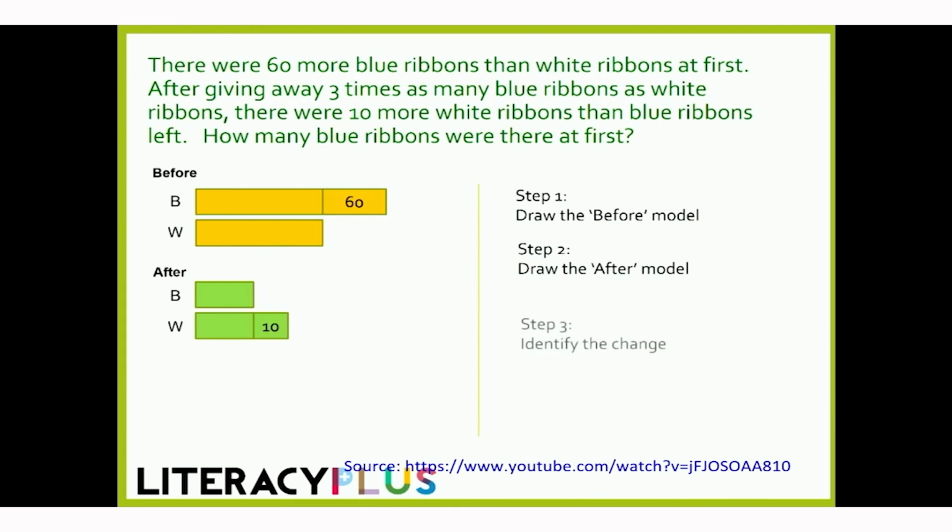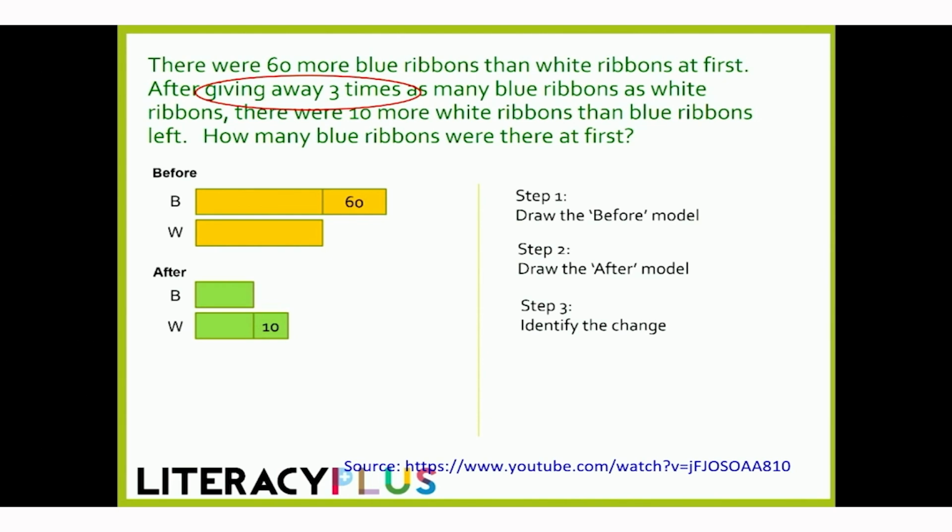Step 3. This is the important step. We have to identify the change. Yes, 3 times as many blue ribbons as white ribbons were given away. Now, it's usually easier to add than to subtract. Therefore, in this case, I'm going to work backwards, starting from the after model.